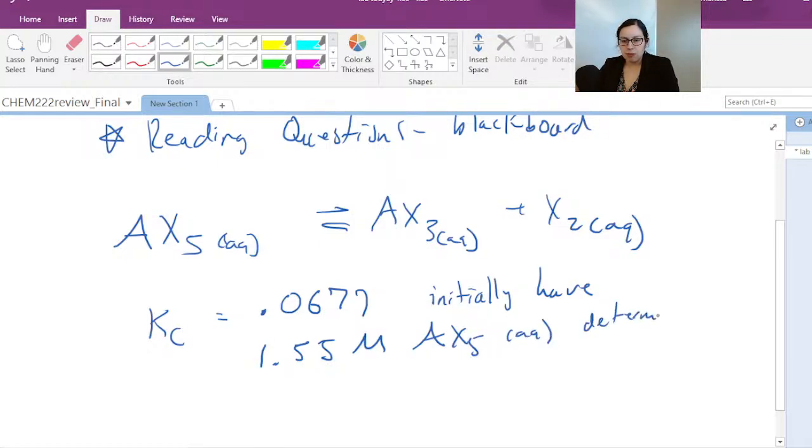So determine the equilibrium concentrations. So to start with that one, and we'll go over it.